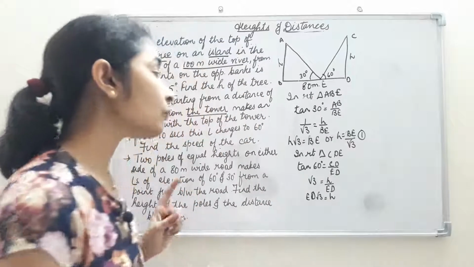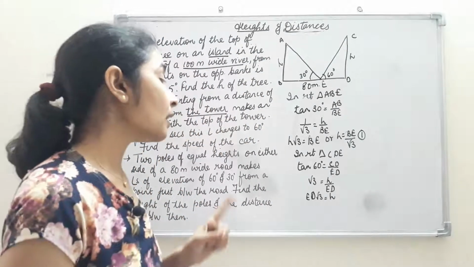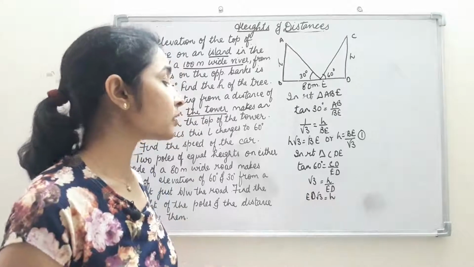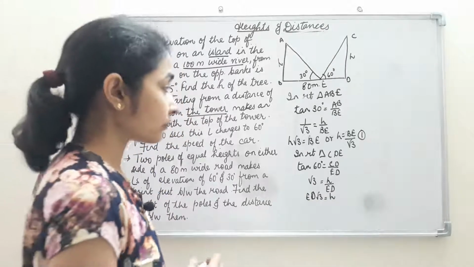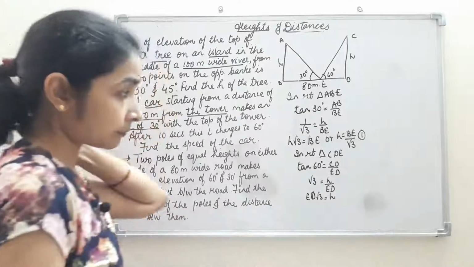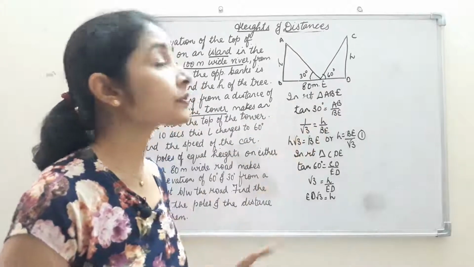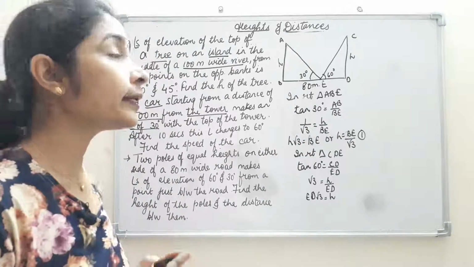If we want to find the value of ED, we can write ED is equal to H upon root 3. So here BE plus ED gives us 80 meters.